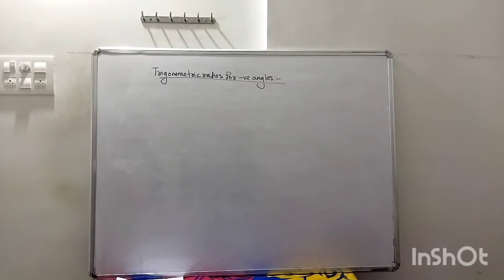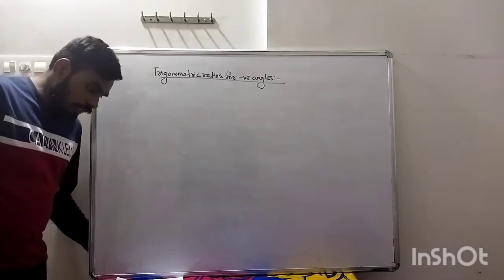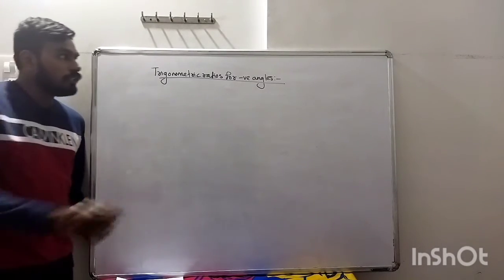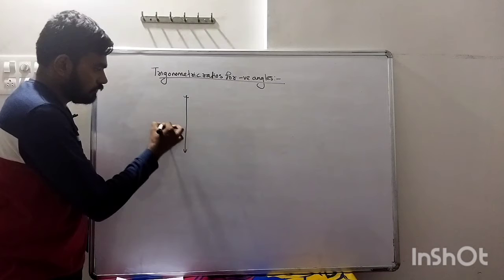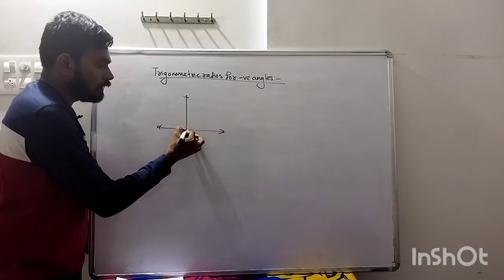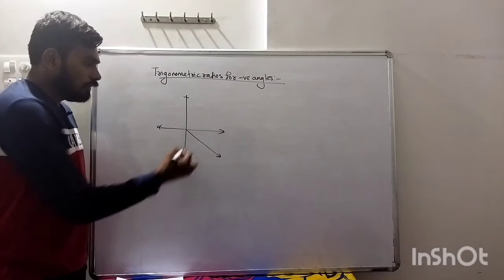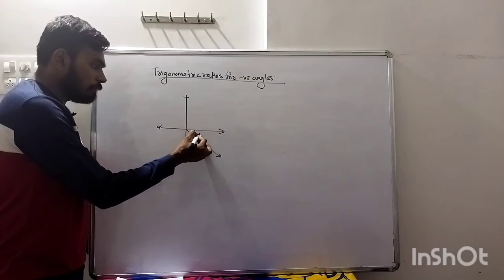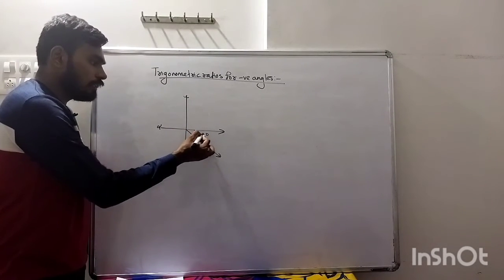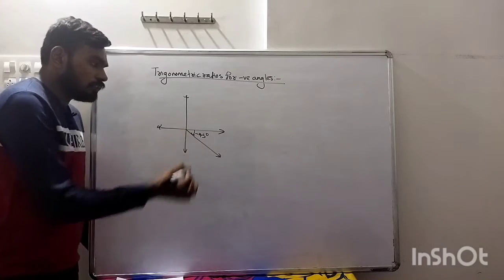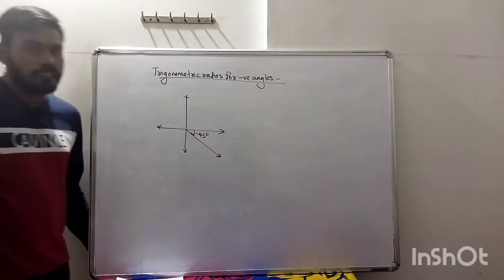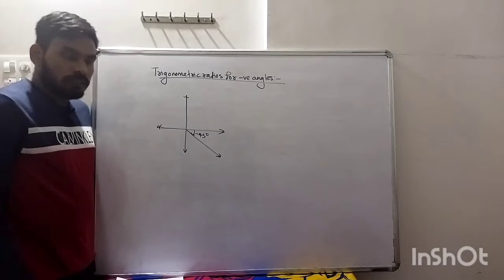So, now, what will be the trigonometric ratios for negative angles? Means what? We are given a negative angle here. Means if I start from here and stop here, okay? So, this becomes, for example, minus 45 degrees, correct? If I start from here and stop here, this will be negative of 45 degrees, correct? Clockwise. So, it is negative.